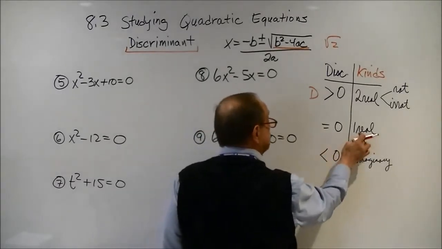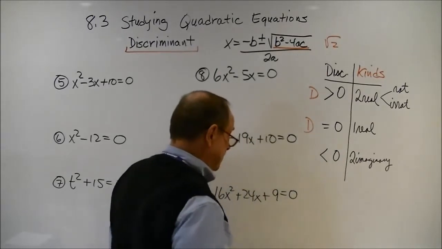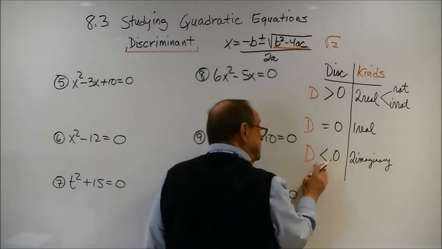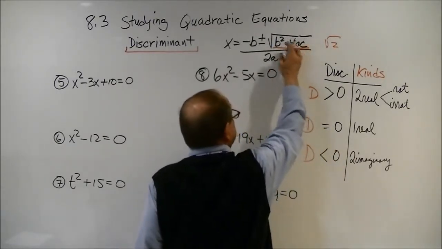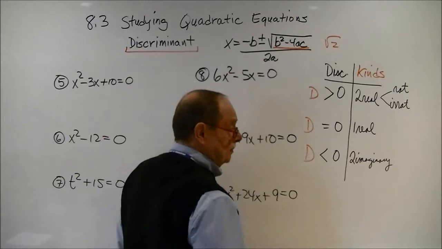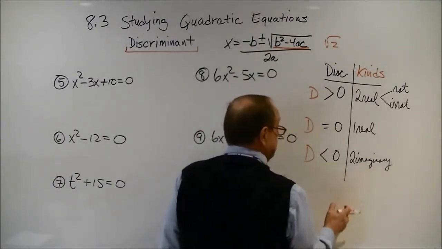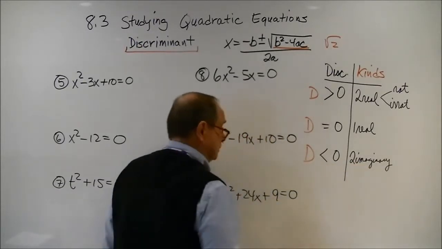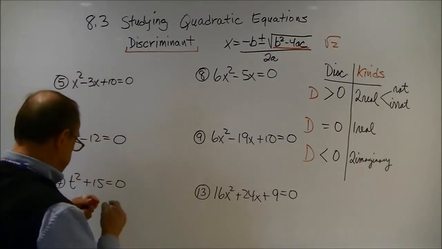You get one answer if your discriminant equals 0. Now, how about if your discriminant is less than 0? That is, you have a negative under the radical sign. Well, then these are imaginary numbers. You're going to get 2 imaginary solutions. So that's sort of the background for this section.